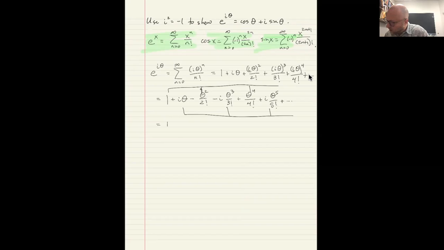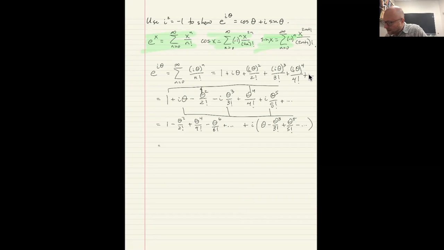So the first one would go 1 minus θ squared over 2 factorial, and then plus θ to the 4th over 4 factorial, and then minus θ to the 6th over 6 factorial, plus ... And then the other one would go i times, I'm just going to factor an i out to the beginning, θ minus θ cubed over 3 factorial plus θ to the 5th over 5 factorial, and then minus, and it will continue on from there, okay?